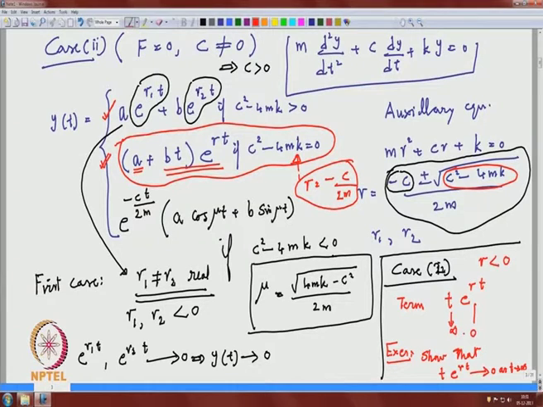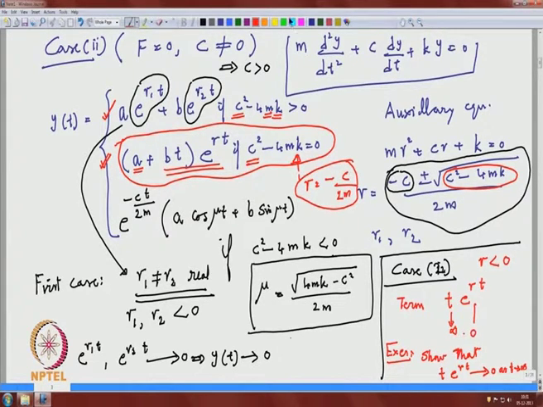So, suppose m and k are fixed for a particular system, and the sign of c square minus 4mk is determined based on how much damping you add. 4mk is a positive quantity, and if you add sufficient damping in such a way that c square is greater than or equal to 4mk, there is no oscillation phenomenon, and the solution goes to 0.